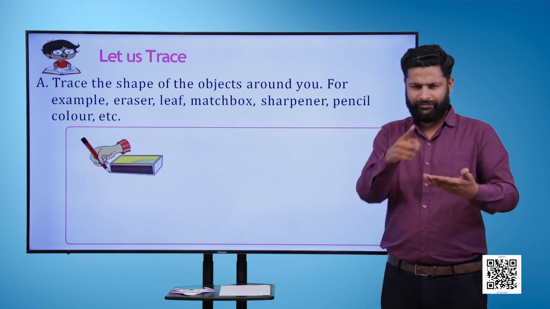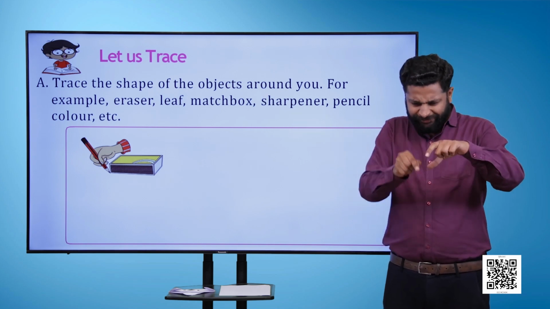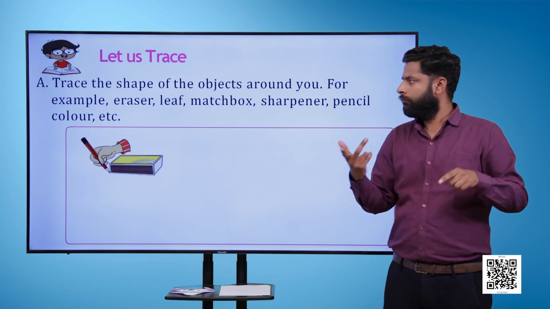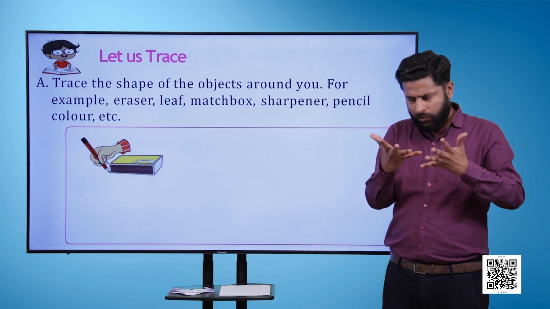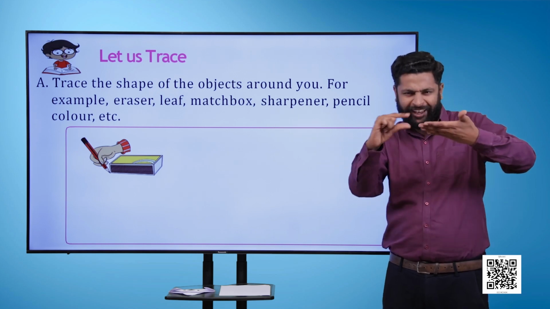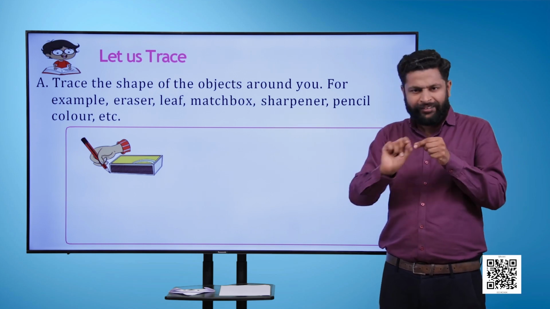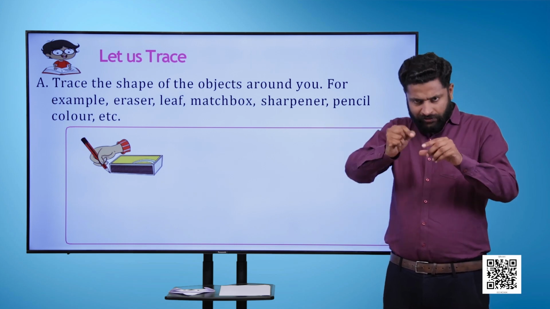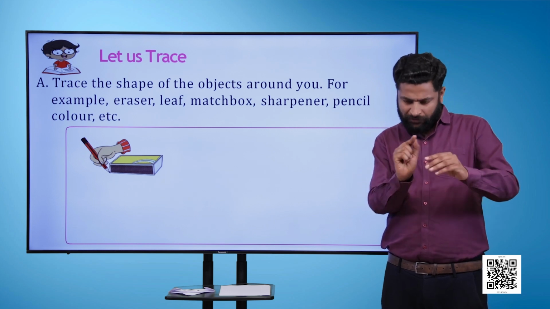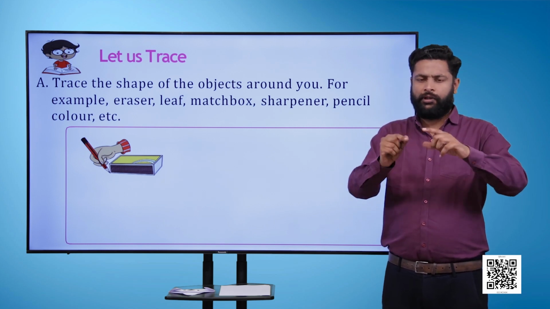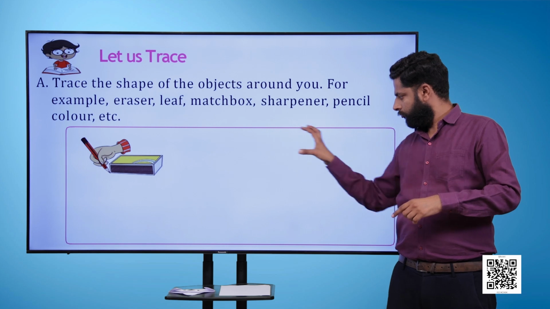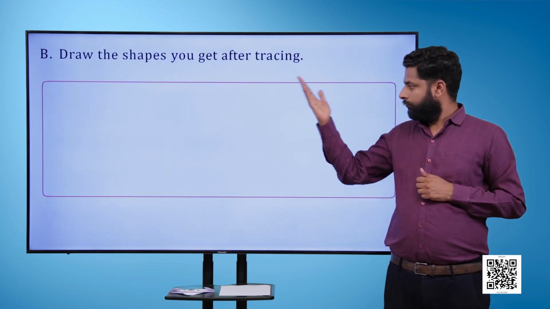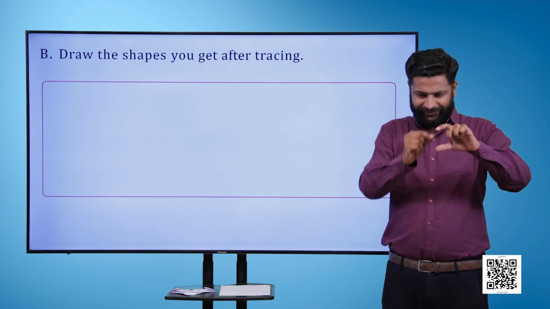For example, eraser, leaf, matchbox, sharpener, pencil color, etc. We have an image of a matchbox and a hand holding a pencil. B. Draw the shapes you get after tracing. A blank space is given.